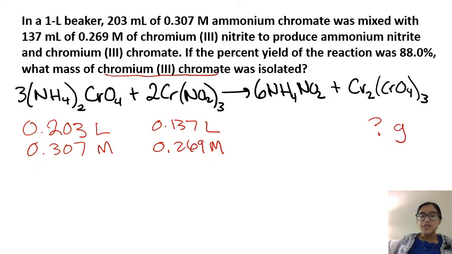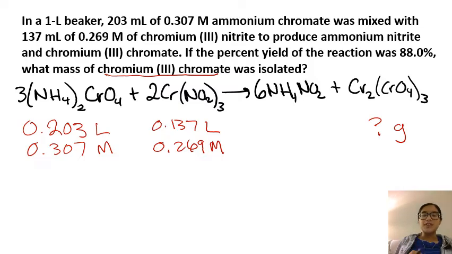Okay, so we know what we're given, we know what we're trying to get to. At this point, we've been doing molarity for a little bit. As soon as you see a volume and a molarity, you know you can get to moles. And that's really the key for all these stoichiometry problems. You will need to get to moles somehow. If you're given mass, you want to go with molar mass.